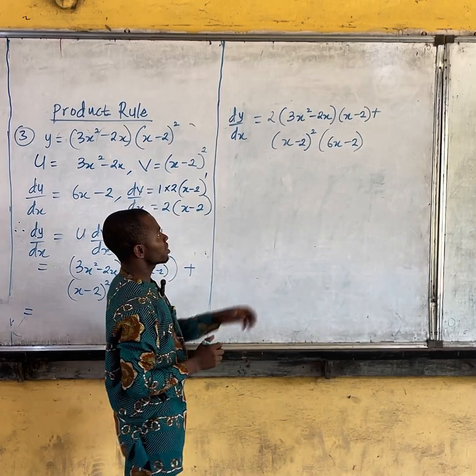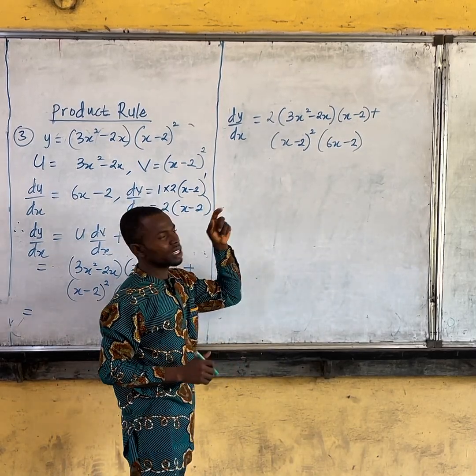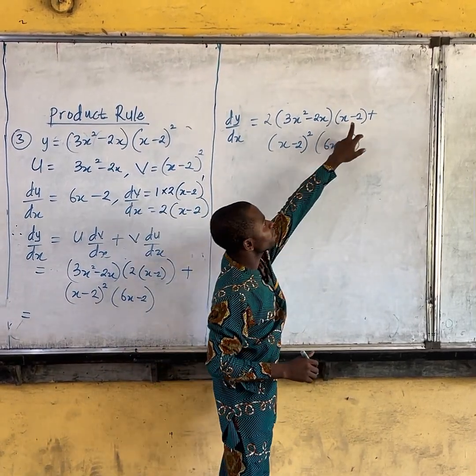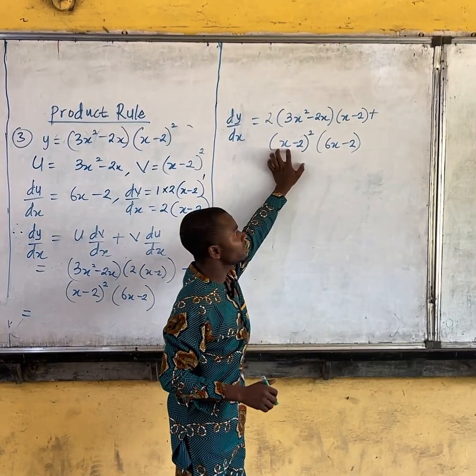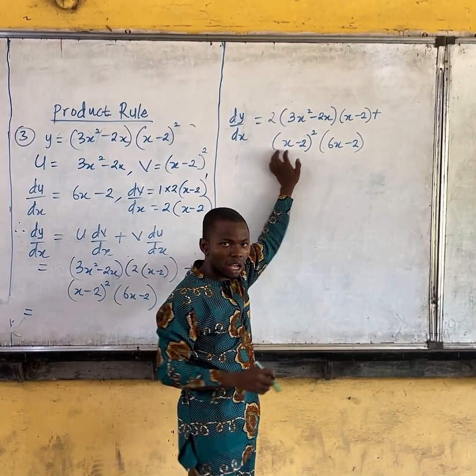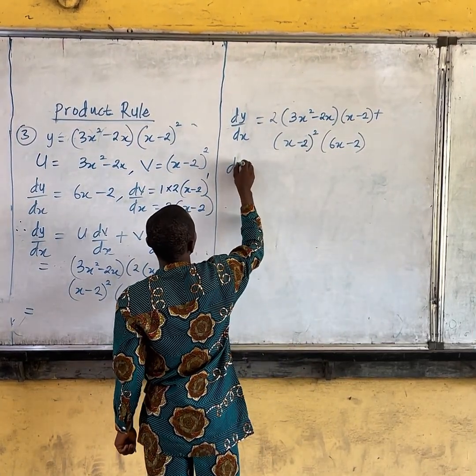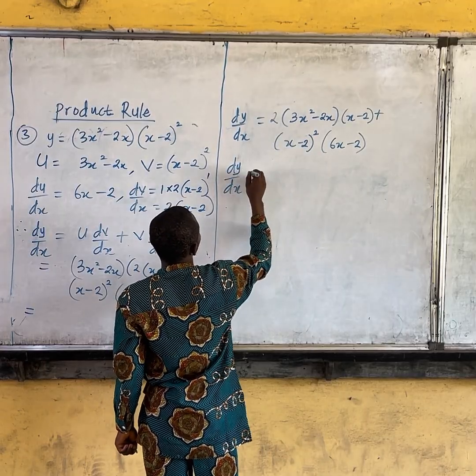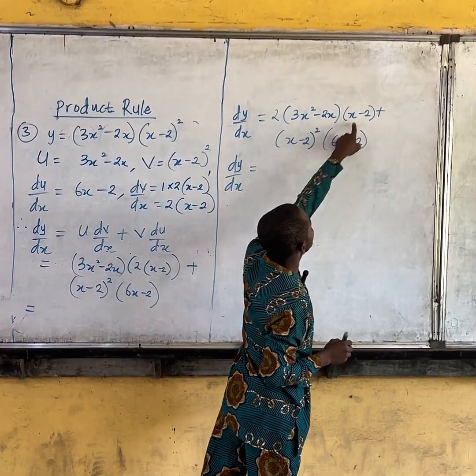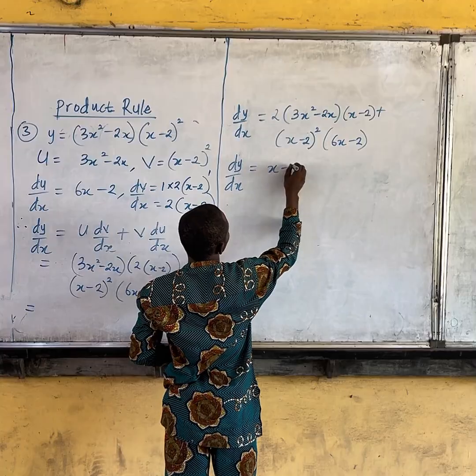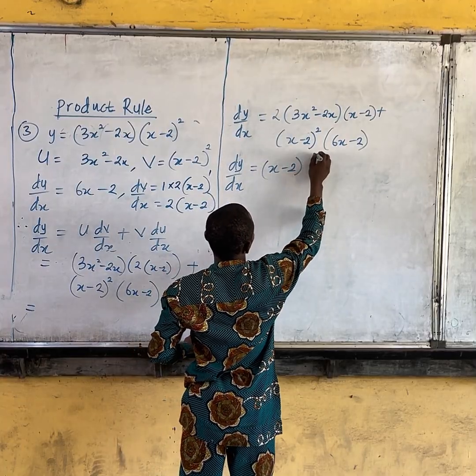That is mathematics. You have to look at the nature of your answer. I observed that x minus 2 is here, x minus 2 is here. It's common, so I can factorize it out. So dy over dx will be equal to x minus 2, bracket.